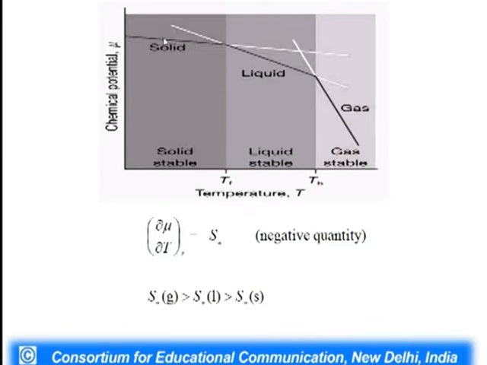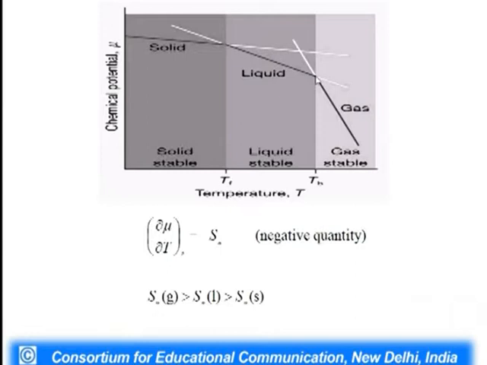So, you see that solid is decreasing, and the chemical potential of liquid is decreasing much faster, and there will be a temperature at which the chemical potential of liquid will become lower than the chemical potential of solid, and this temperature is called freezing temperature or melting temperature.